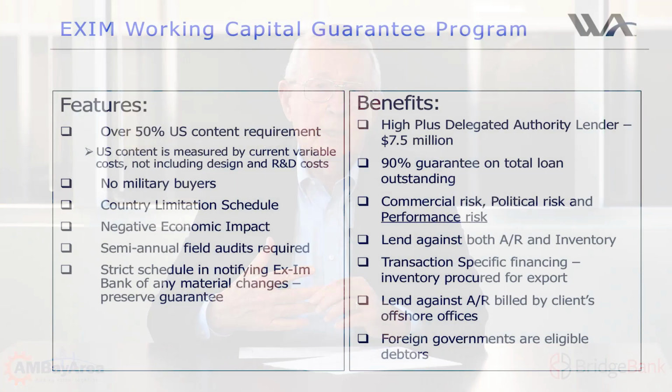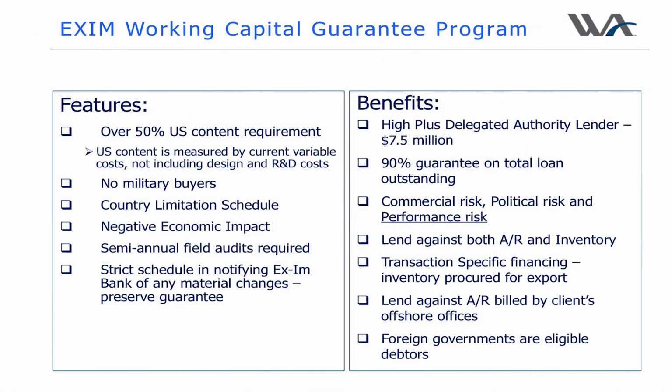So we as Western Alliance Bank, as I think I mentioned at the beginning, we have a delegated authority at $7.5 million that we can approve a line of credit up to $7.5 million on our own underwriting and determination that it meets the requirements of Export-Import Bank.